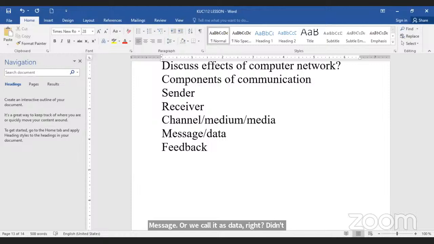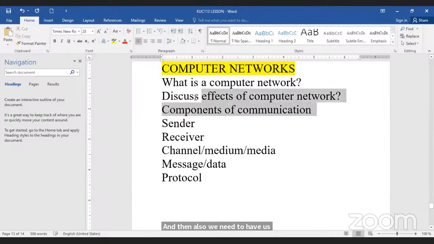And then also we need to have what's called a protocol. So these are the basic components of data communication.